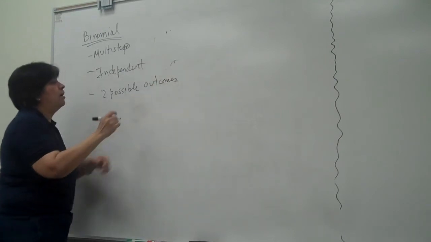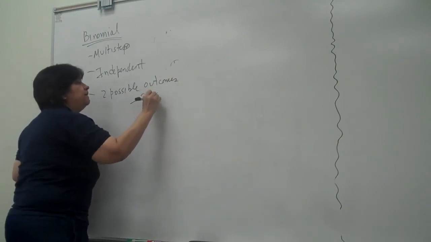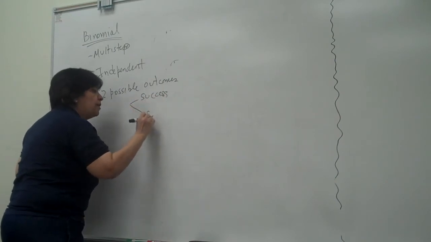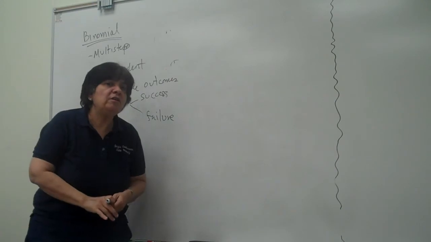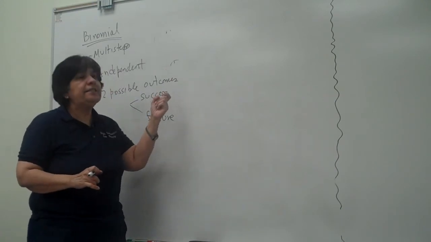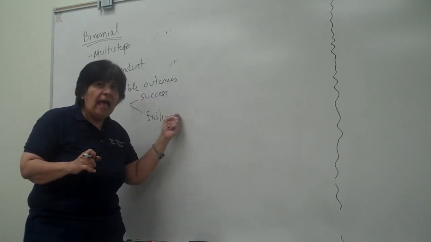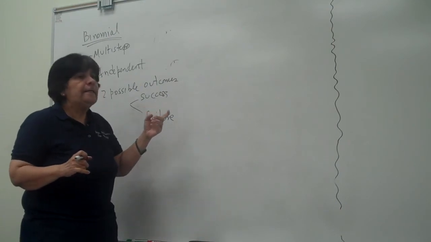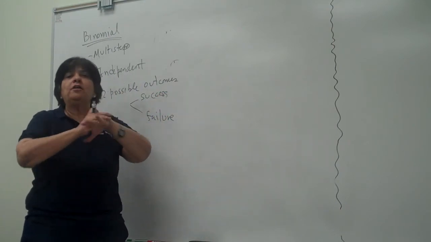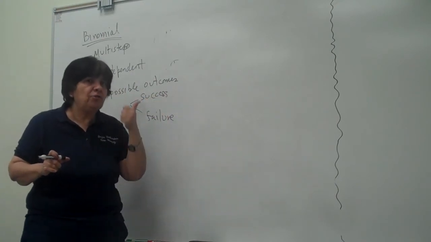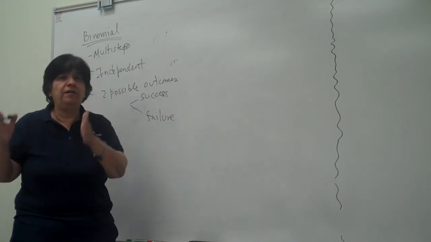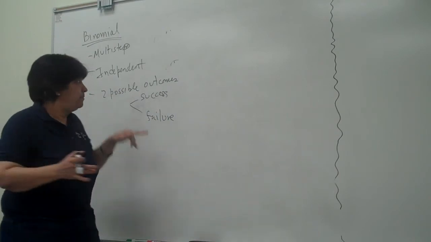These outcomes are either success or failure. Or you may call it whatever you want to call it. You may call it good and bad. You may call it male, female. But there are only two possible outcomes in each one of the independent steps.